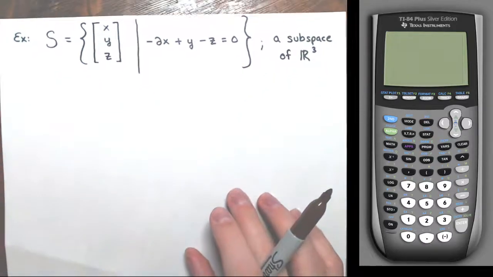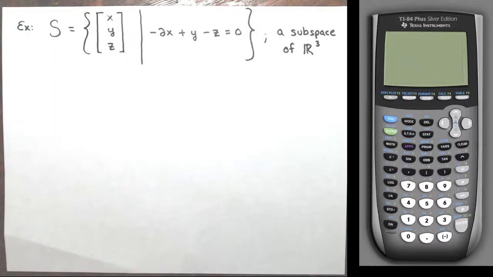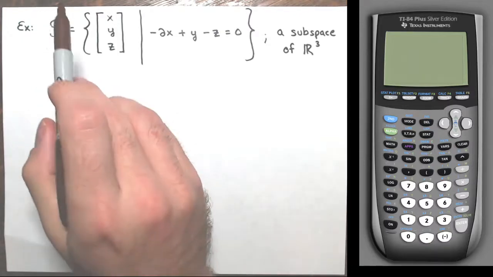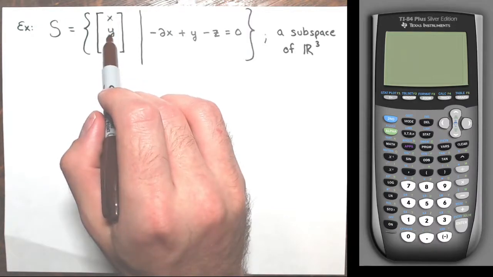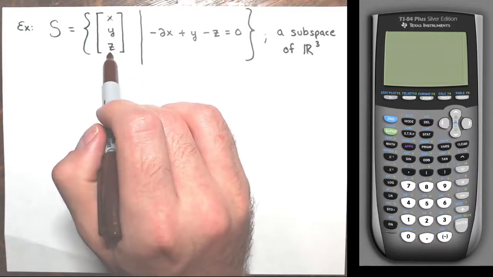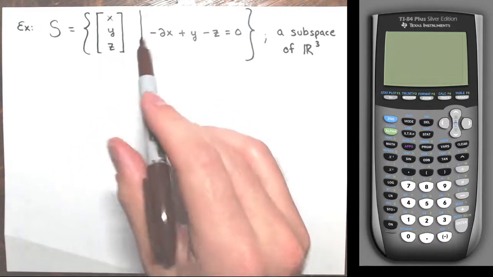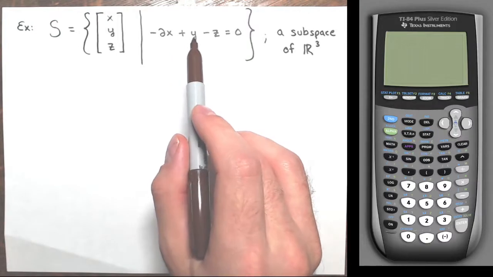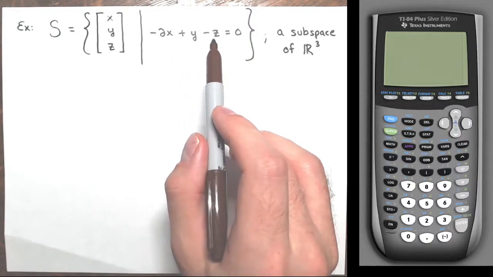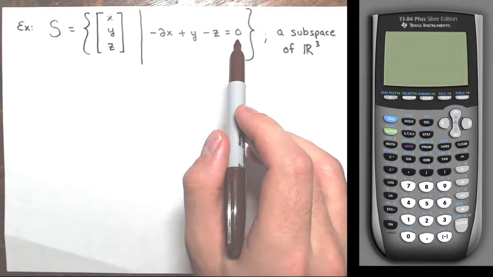All right, and finally, this is the last example. Like I said, it's going to be a shorter video than you're probably used to from me. So here's another vector space, a subspace of R3. S is the set of vectors that look like this, where you have the first component x, second component y, third component z, such that -2 times the first component plus the second component minus the third component is equal to 0.